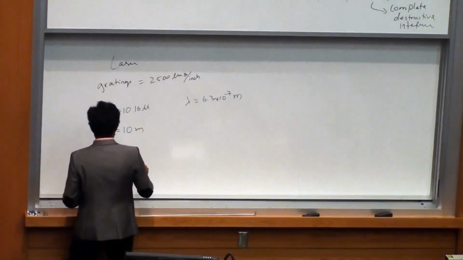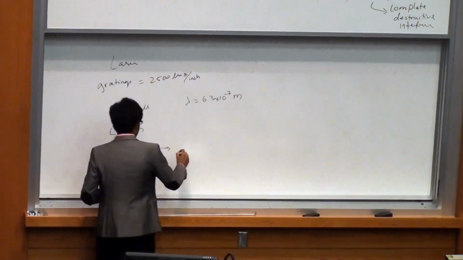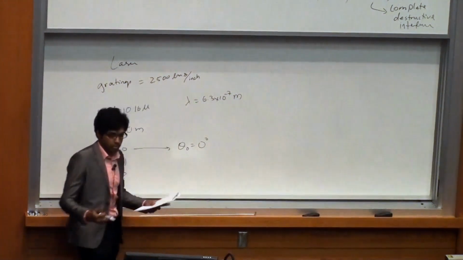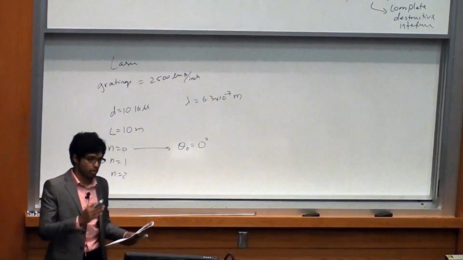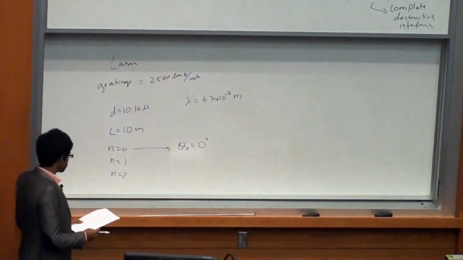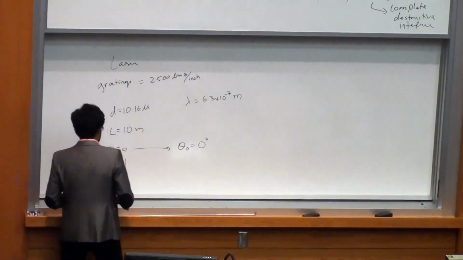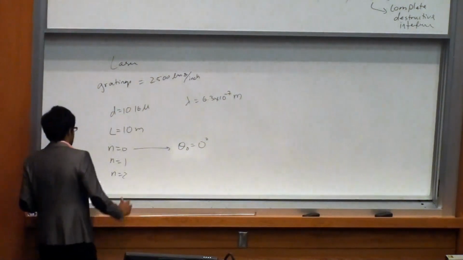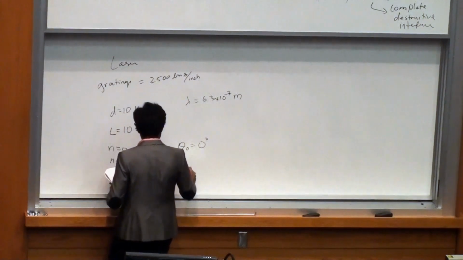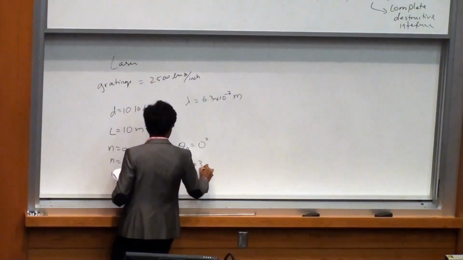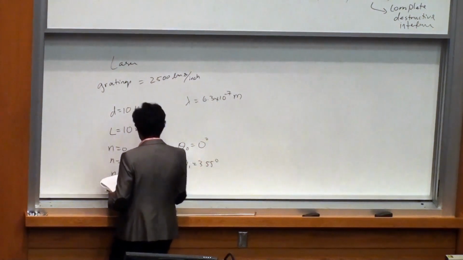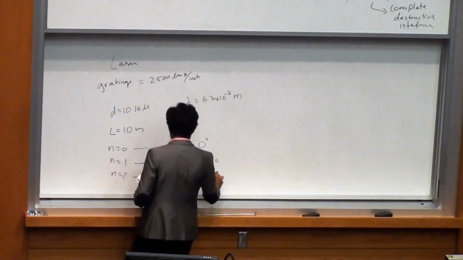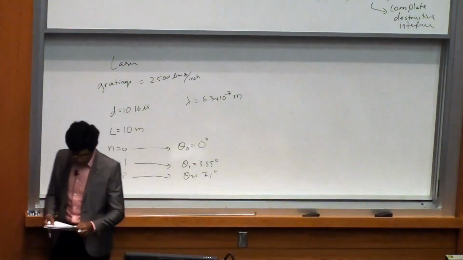But we know that for the maximum at n equals 0, theta 0 has to be equal to 0 degrees. Like I said, that's not really negotiable. You get a maximum at angle theta 0, and again, this is providing all the sources are in phase. For n equals 1, theta 1 is going to be 3.55 degrees. For n equals 2, theta 2 is going to be 7.1 degrees.